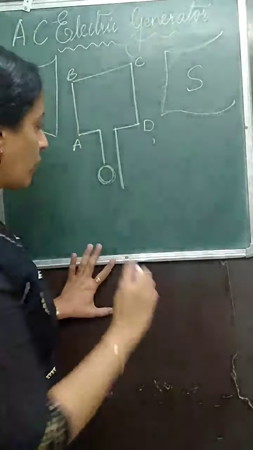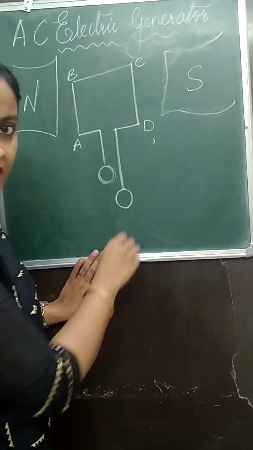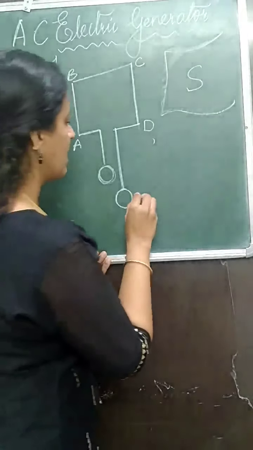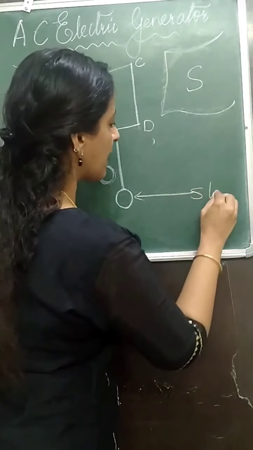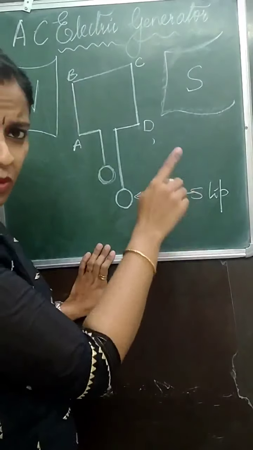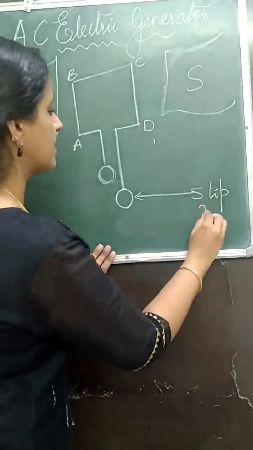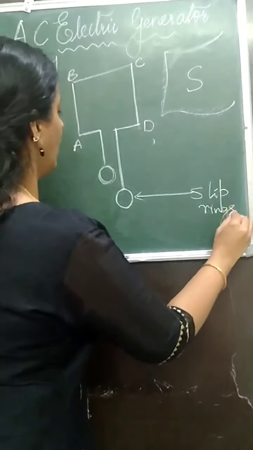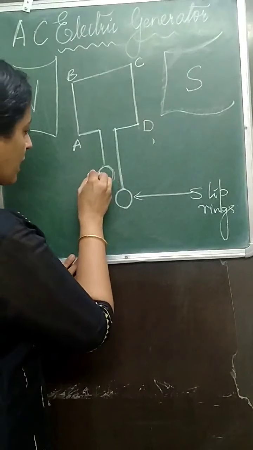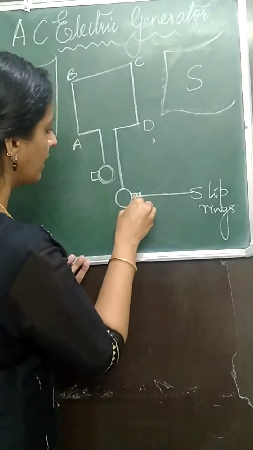In the same way, one more ring for the other end of the armature coil. These are slip rings, not slit rings. The most important part of the topic is the slip rings. Now to the slip rings we have the carbon brushes which are conducting.